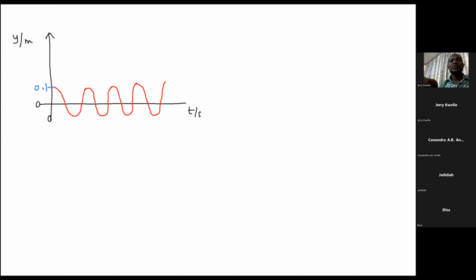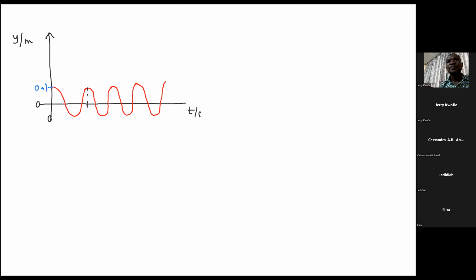Apart from the amplitude, which is 0.1, we are also to indicate the period. The period is the time covered in 1 cycle. So if we identify one cycle, it is going to be here. Let me put the mark there. So this mark is going to be the period. What is the period according to the question? Oh, class, what's the period?